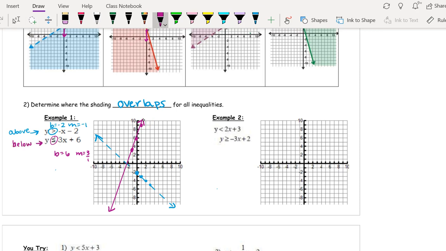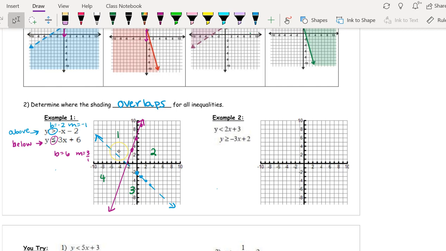So I think of this as there being 4 different regions. I have a region here, a region here, a region here, and a region here. These 2 lines create these 4 regions. One of these 4 regions is going to be shaded based off of where it has to meet both criteria. So for the blue line, I'm above.